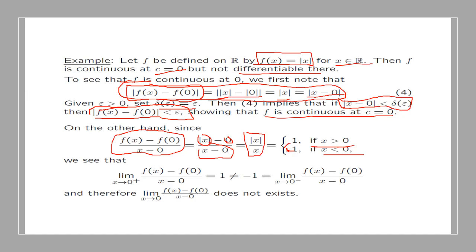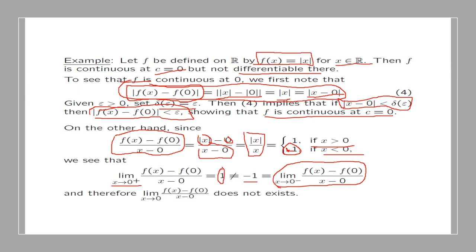So if you take the limit as x goes to 0 from the right, that limit will be 1, and if you take the limit as x goes to 0 from the left, that limit will be minus 1.